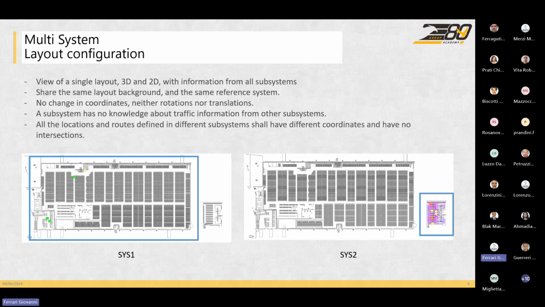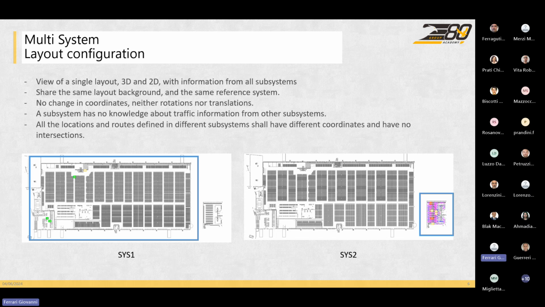As you can see, the two layouts look identical, because they both have the same background. This is one of our constraints. Every layout that we define in a multi-system environment should have the same background. They should all share the same reference system, so the same coordinates.